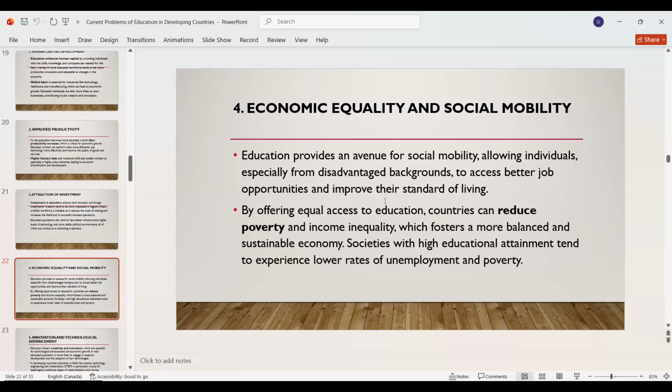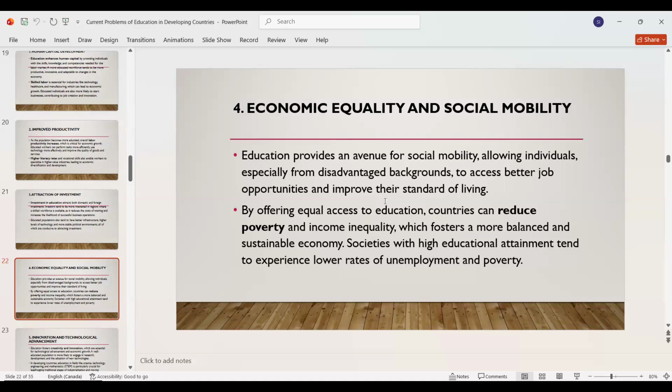Anyway, as a country citizen, we have to pay tax, right? Because tax is used for people again, right? So the mobility, if you educate, if you get a good job, your living standard will be up, right?